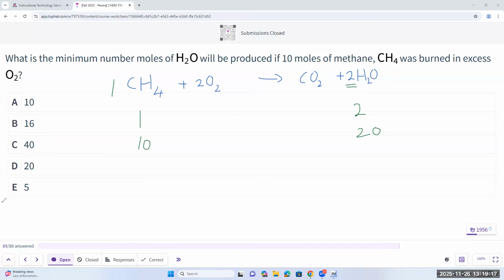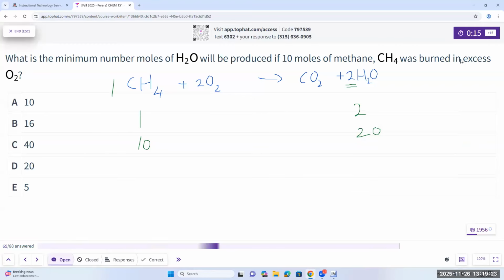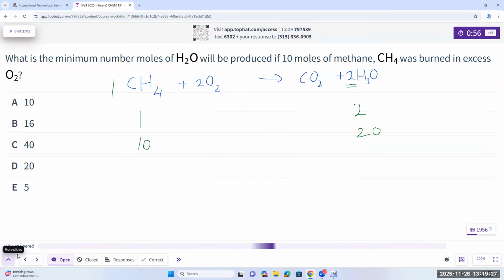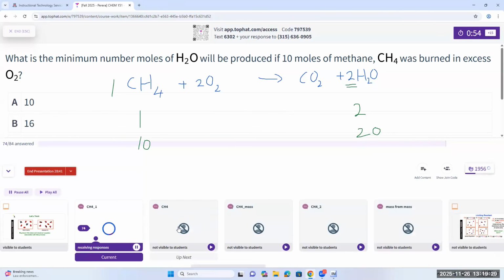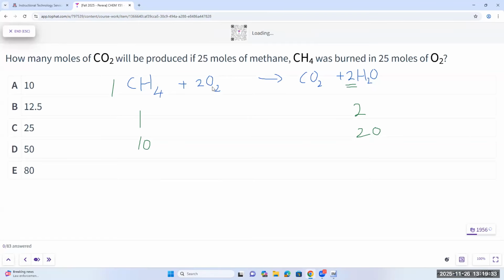Okay, most of us got there, but anyway, I have reopened the question in case some of you want to resubmit your answers. But for now, I'm going to move on to the next question.